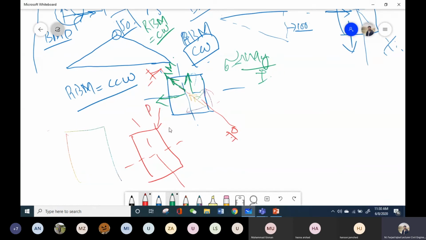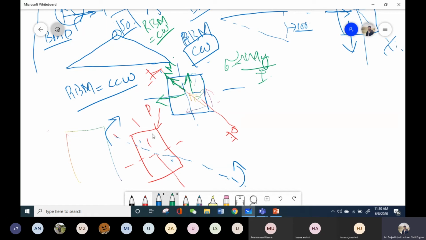So by looking at this applied load, you will first find out where the axis is on which bending is taking place. Now that axis is always perpendicular to this applied load. For this case, this axis will be somewhere over here. So now my moment or bending is always being produced around this axis. So I have to show this moment either in the second quadrant or in the fourth quadrant.